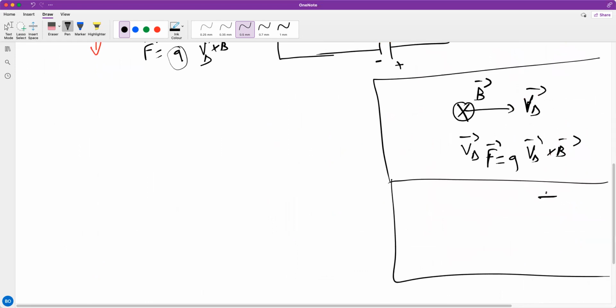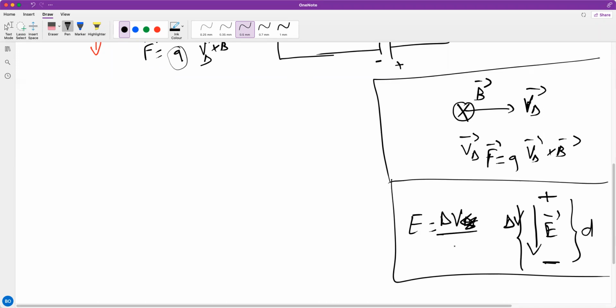If I have a positive potential here and a negative potential here, at a distance d, there will be an electric field created by this, equal to the potential difference delta V divided by the distance. This is everywhere.